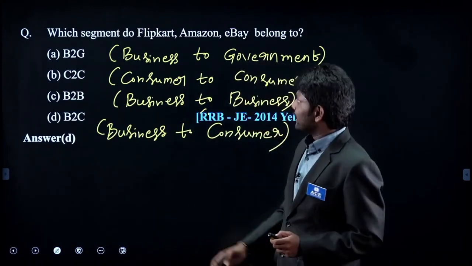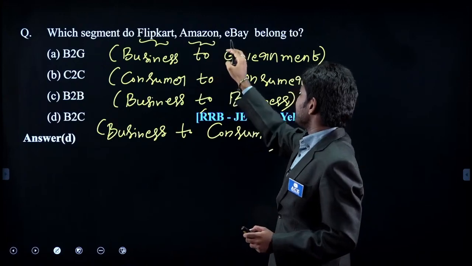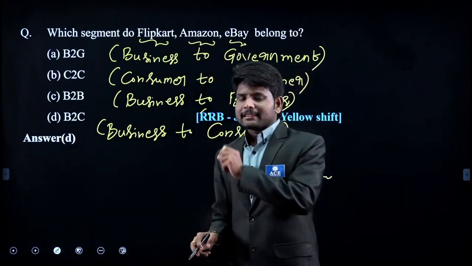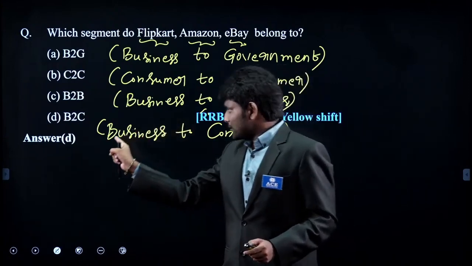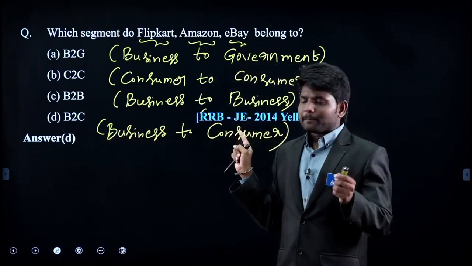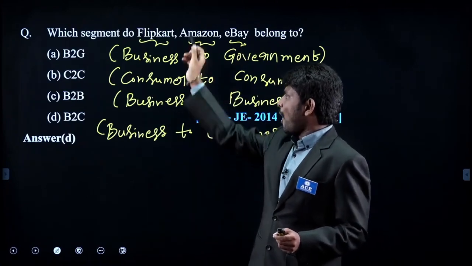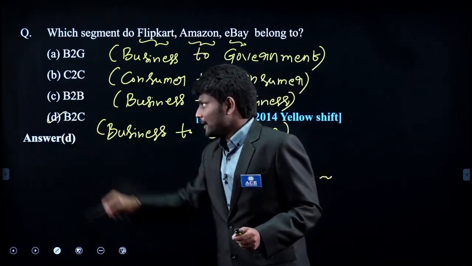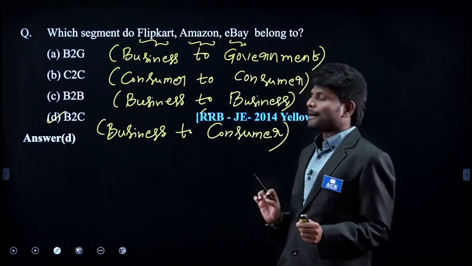Fine. If you see here, all the companies they have mentioned, Flipkart, Amazon, eBay, in all these companies the major transaction is done between business and customers. We have some companies that give services to customers. So all the companies they have mentioned are B2C category, because the businesses or companies provide services for consumers or customers.